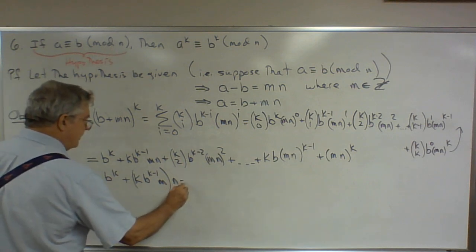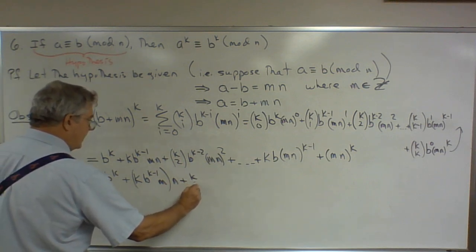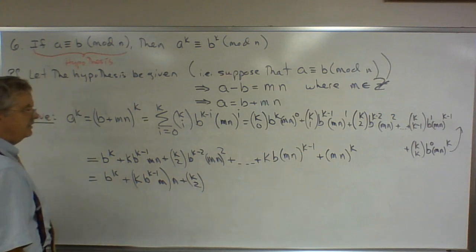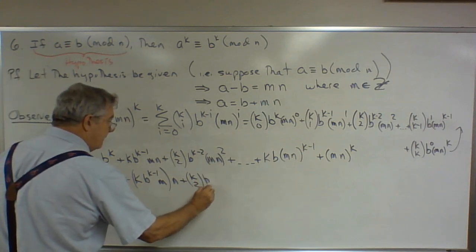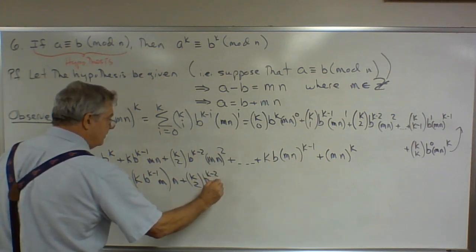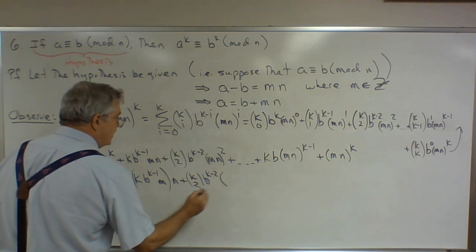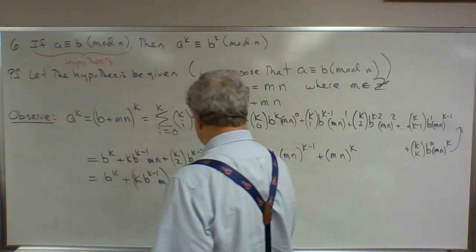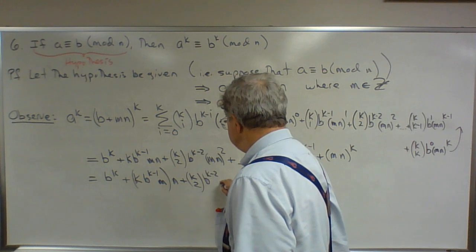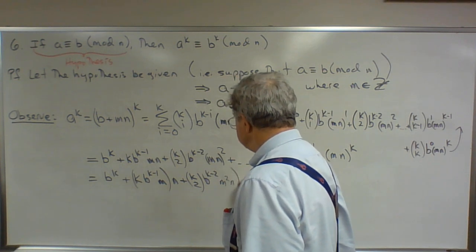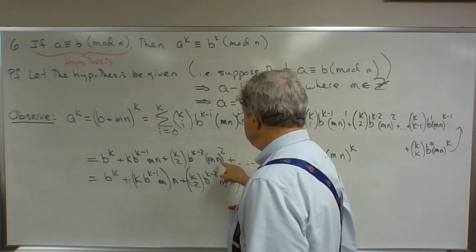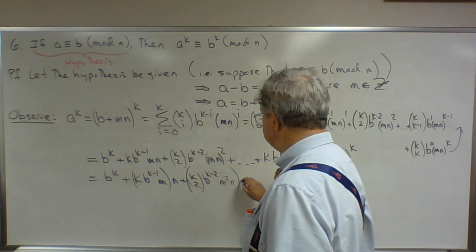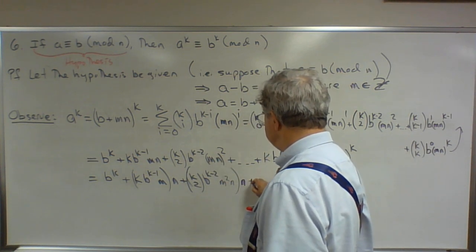I'm going to do something like that on the next term. I have k choose 2, which is some integer, b to the k minus 2 times m squared n. But I'm going to factor out that other factor of n and put it right here.